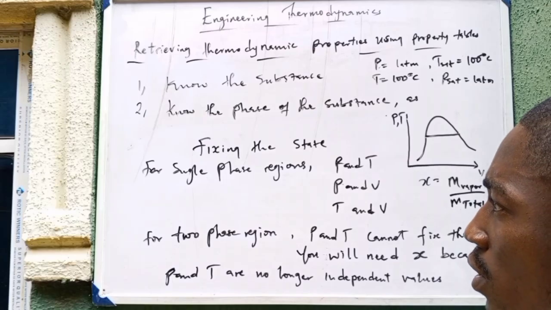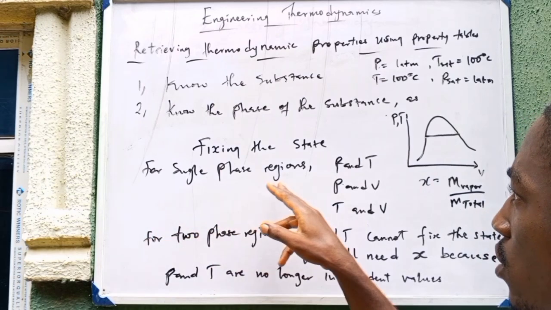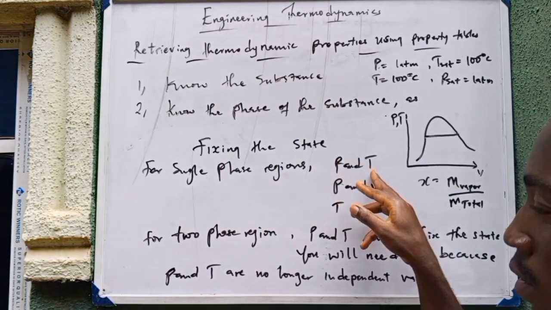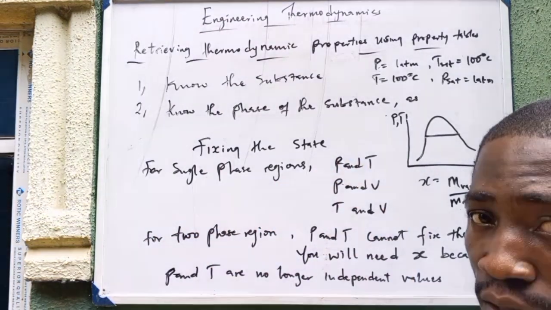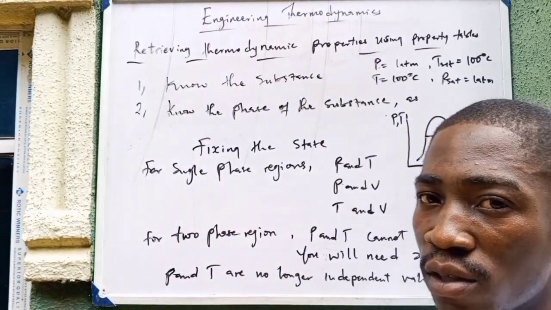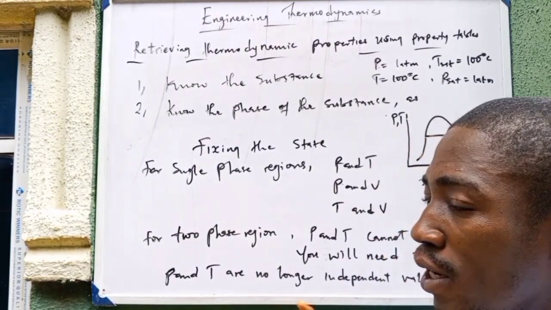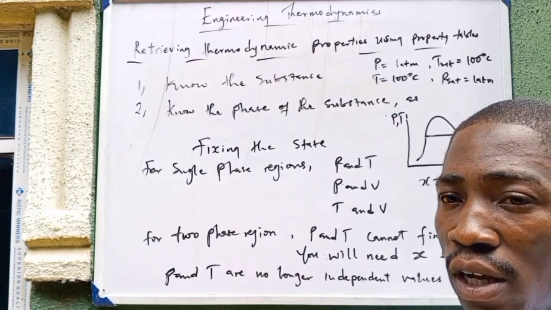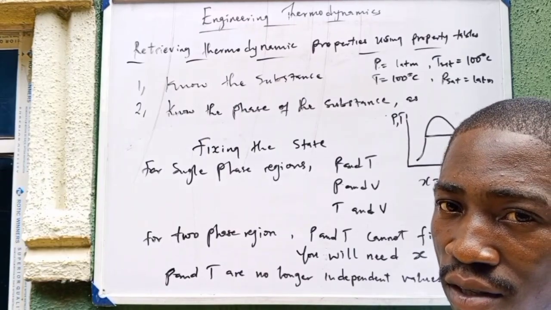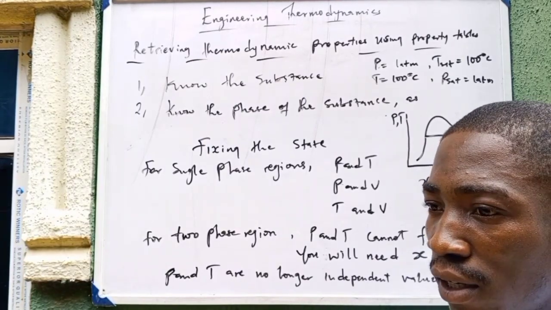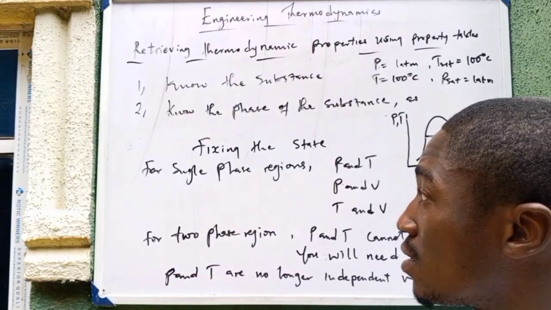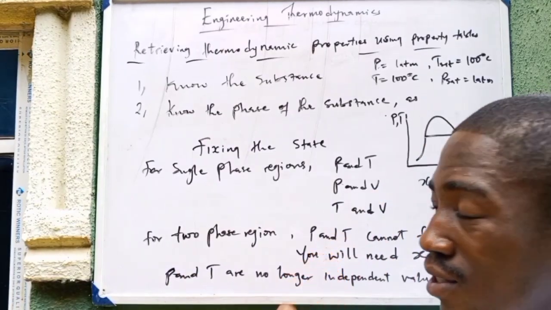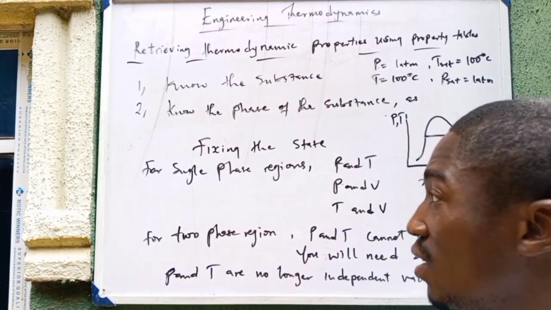Now, for single phase regions, with P and T you can fix the state. So if you're in the compressed liquid region or superheated vapor region, you just need to know the pressure and temperature. Where the pressure column and the temperature column intersect, that gives you your state. And that enables you to get your values.